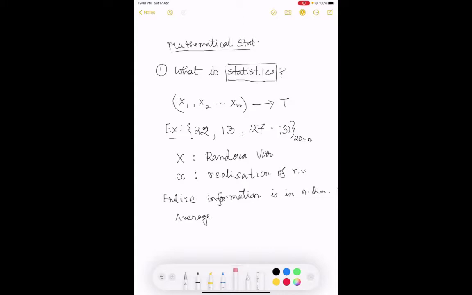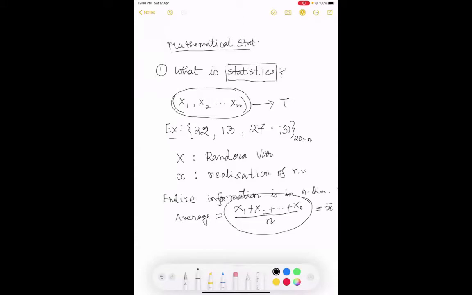Typically we sum them up, x1 plus x2 plus dot dot dot xn, and divide by n. So we took this n dimension object, made an operation on it, and came up with a single number.